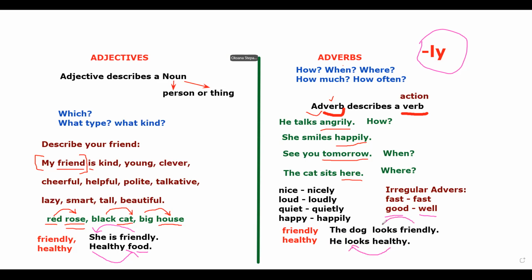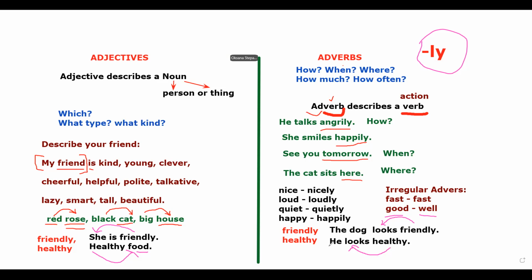It's not describing a noun anymore. But there is no difference in writing. They look absolutely identical, adjectives and adverbs here. It's just the meaning they have in a sentence that is different, and the use of these words is different in a sentence.